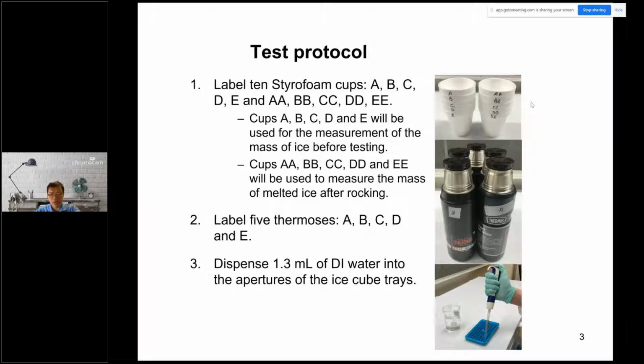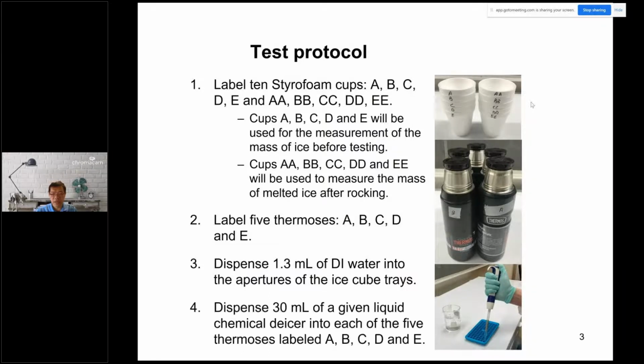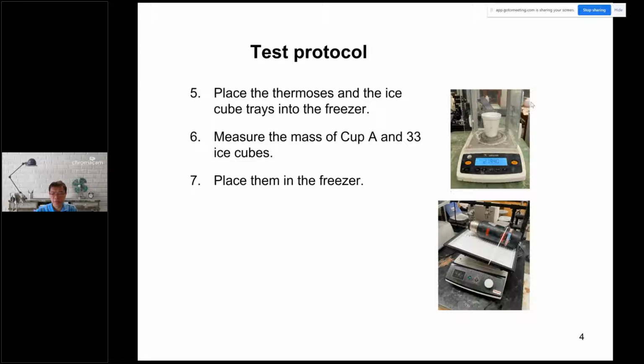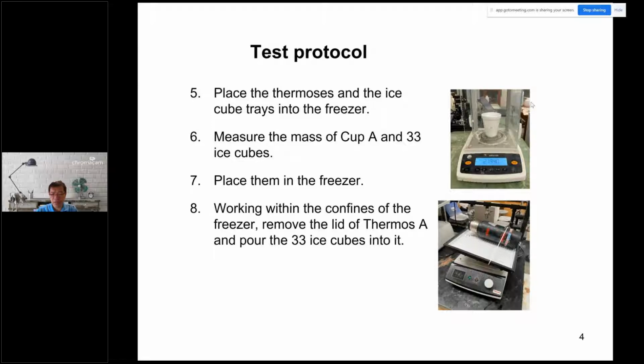We dispense deionized water into the ice cube trays and make the ice cubes, and then dispense the liquid de-icer into the labeled thermos. Then we place them in the freezer, make ice cubes, weigh them, and then mix the ice cubes.